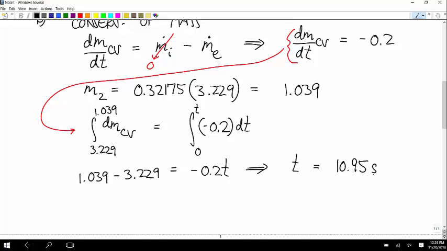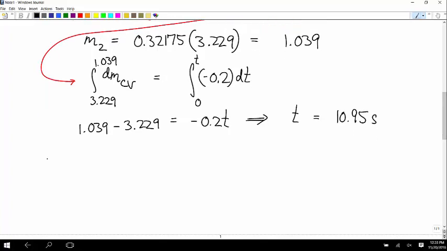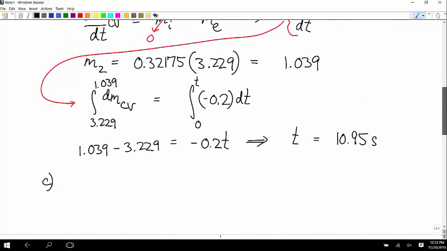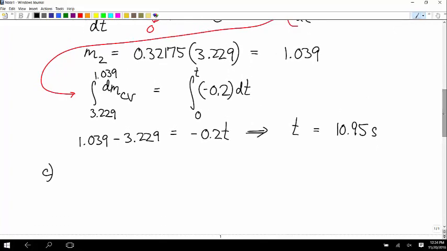And then the last part, we're trying to figure out the pressure at this time. Well, we still know the volume because it's a fixed tank.